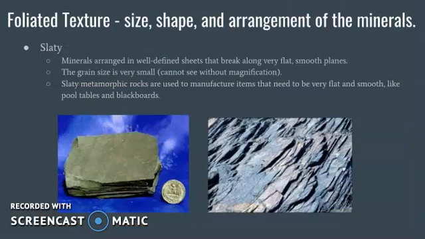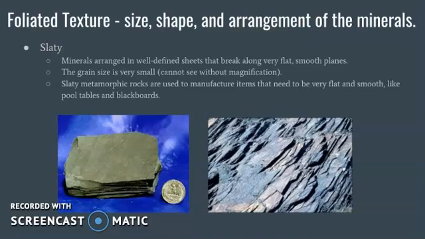So first, taking a look at our foliated textures. Remember, texture is the size, shape, and arrangement of the minerals. So our first foliated texture is slaty. This includes minerals arranged in well-defined sheets that break along very flat, smooth planes. And the grain size of these slaty minerals is very small, which means we cannot see them without magnification.